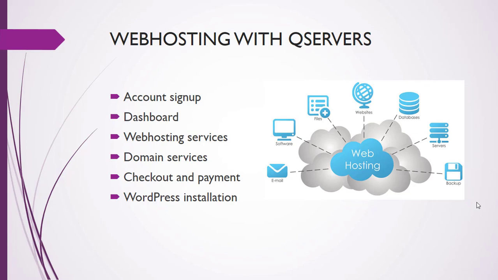Then we'll explore the web hosting services that they have. You'll see the domain services that they have, and then by the time we make our selection, we're going to proceed to checkout and then make payment. Finally, we'll go over to the control panel and install WordPress. So this is the package that we have in this video, so let's get right into it.